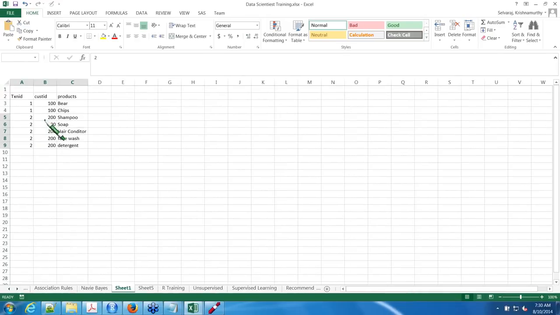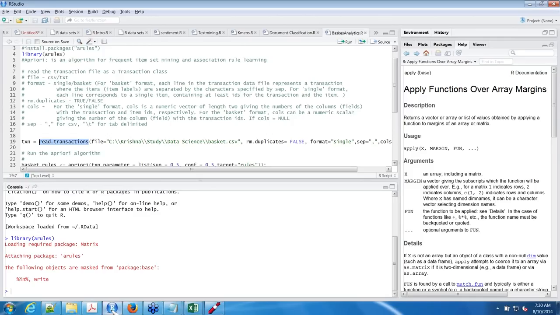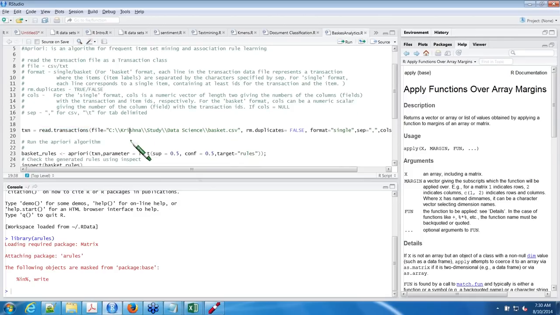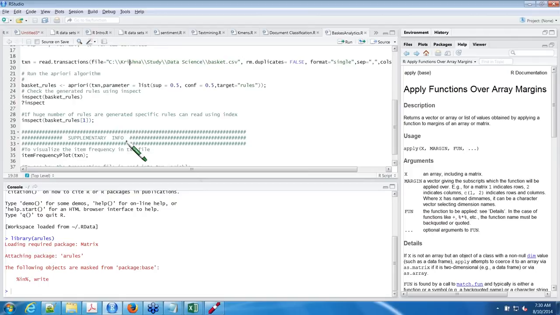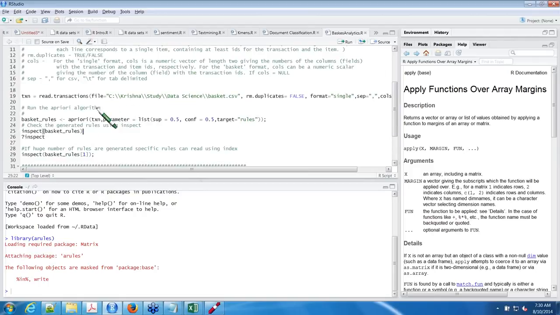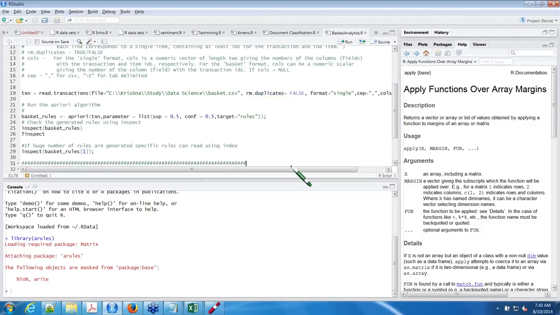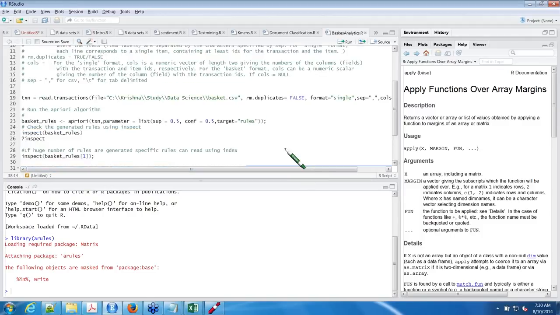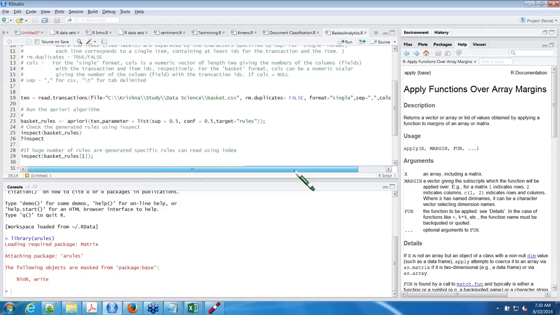So now I'm going to read the transactions. Remove duplicates is equal to false: if any duplicates are there, don't remove them. Format is equal to single, separated by comma, and columns is equal to the first and second column.